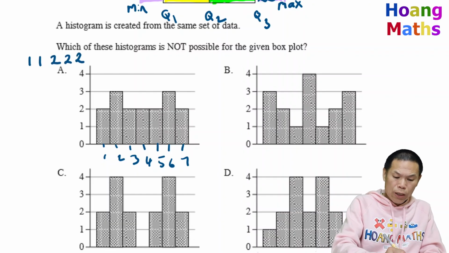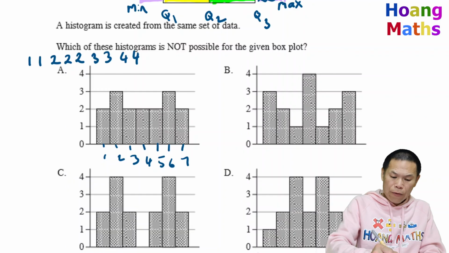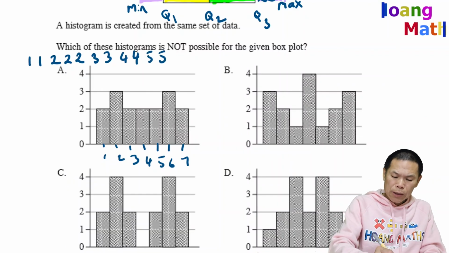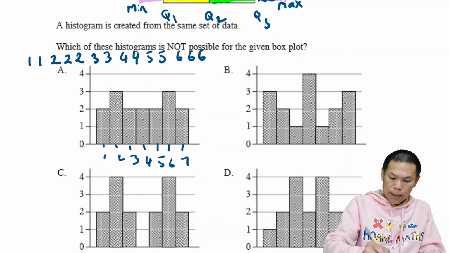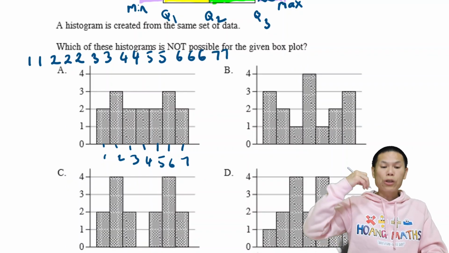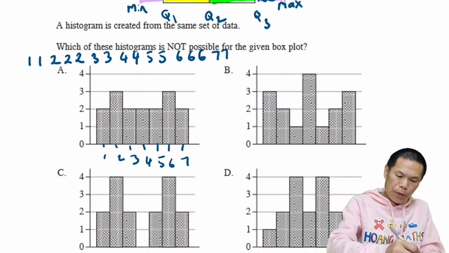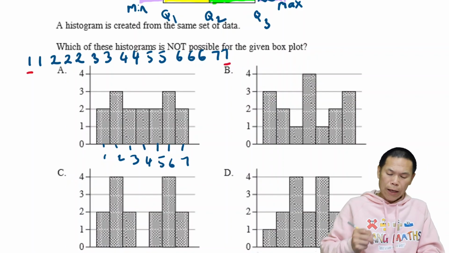The frequency of 3 is 2, 3, 3. For 4, 4, 4. 5, 5, 5. And 6 is 3 times, 6, 6, 6. And 7 is 2 times. So there you go. The maximum is 7, the minimum is 1.